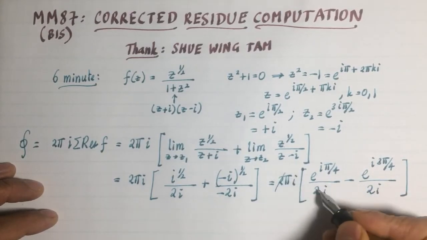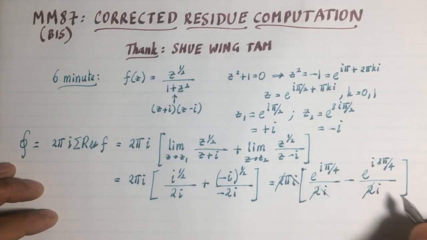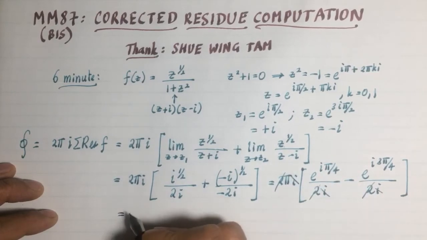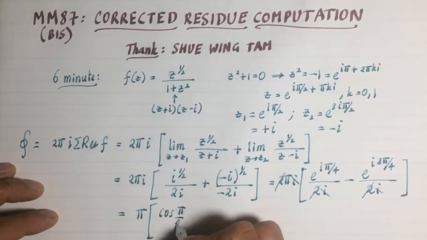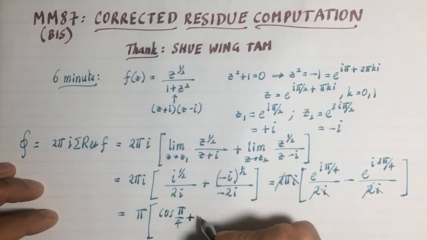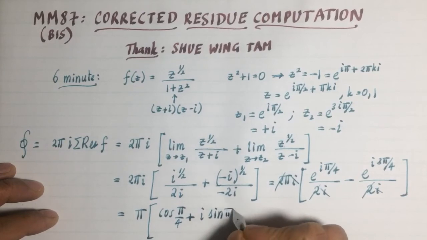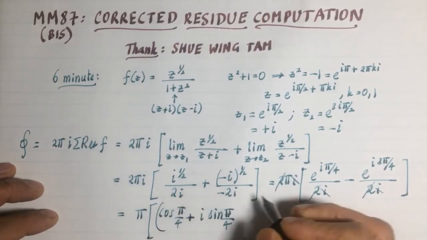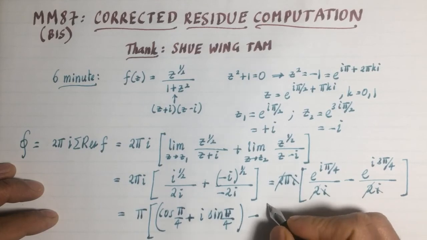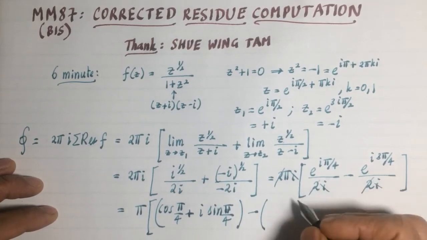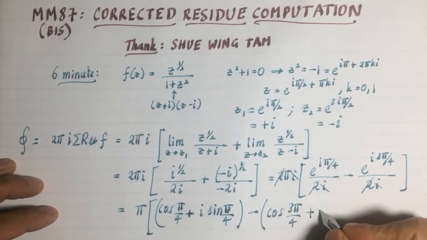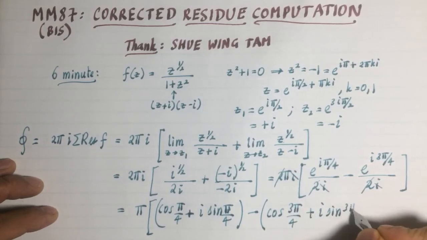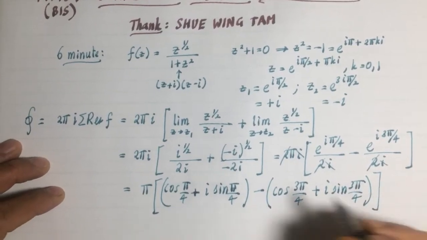Now, the 2 cancels out, the i cancels out, so I'm just left with pi times e to the i pi by 4, which is cosine pi by 4 plus i sine pi by 4, and then e to the i 3 pi by 4, which is cosine 3 pi by 4 plus i sine 3 pi by 4. We're almost done now.